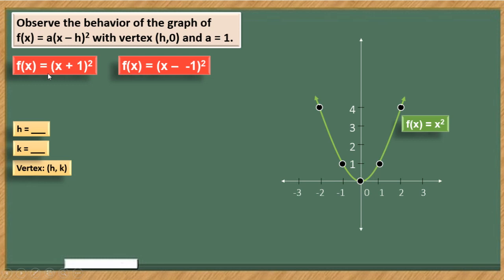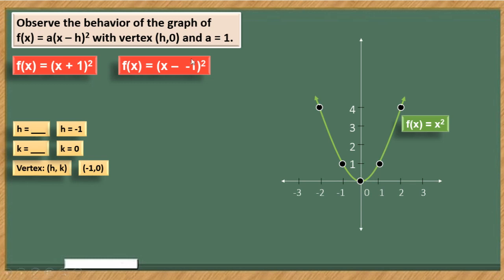So therefore, the value of our h is, correct, negative 1. How about k? k is equal to 0. And its vertex now is at the point with coordinates negative 1 and 0.